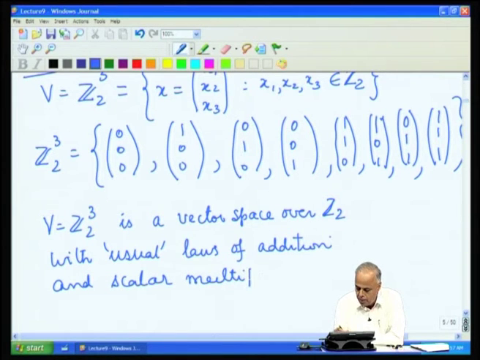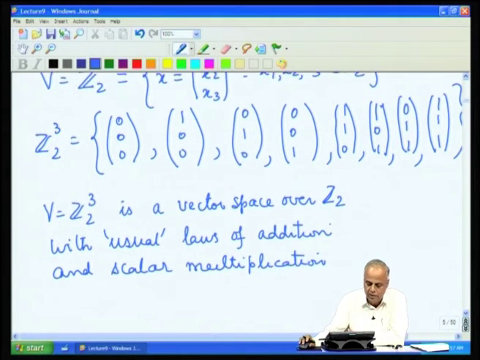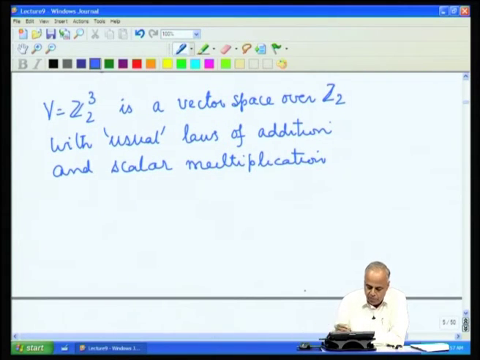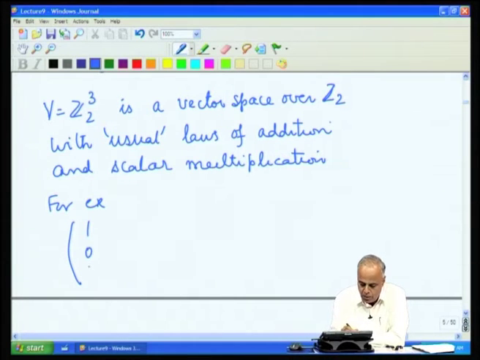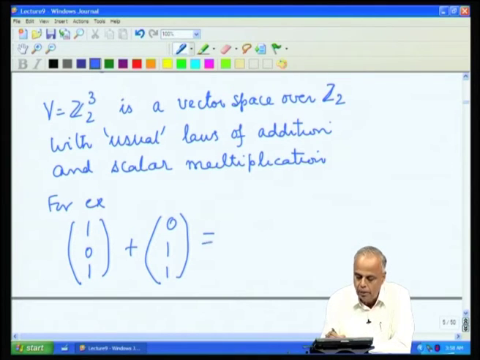Now, what do we mean by usual laws? We have to add entry wise. When we add entry wise, each entry is an element in the field Z 2. So, it has to be added according to the Z 2 addition laws. For example, if we add 1 0 1 and 0 1 1, according to these usual laws, it should be 1 plus 0, 0 plus 1, 1 plus 1.